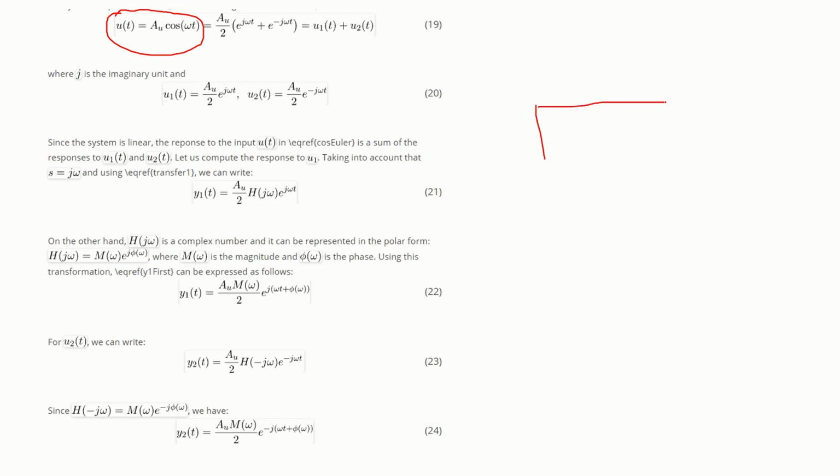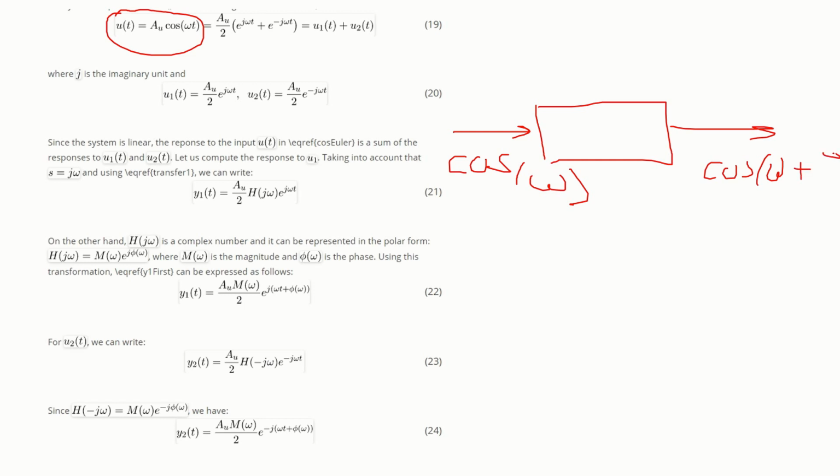So the whole message is, if we have a cosinus signal as an input to a linear system, at the end we will have a cosinus signal with the same frequency, with some delay, and with some amplitude that is, generally speaking, different than the input amplitude. So A_input is not equal to A_output in the general case.